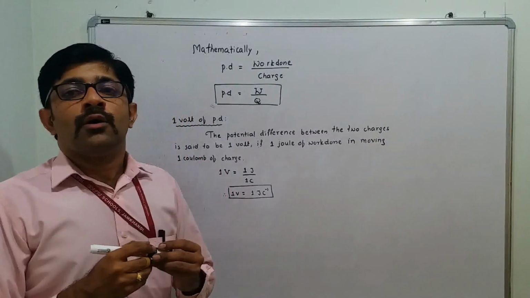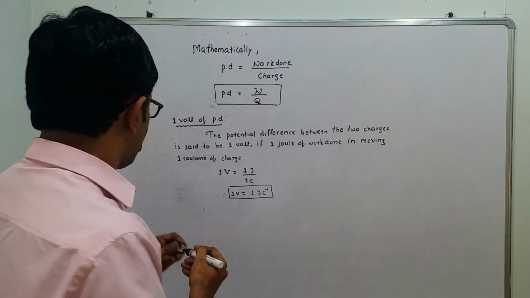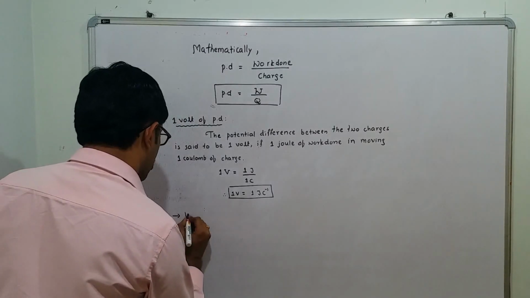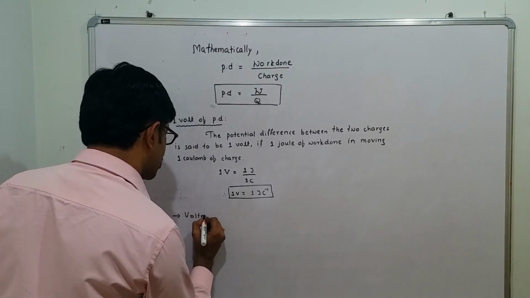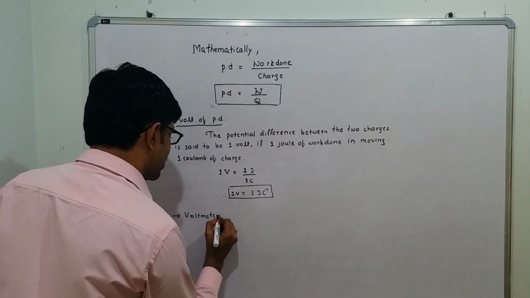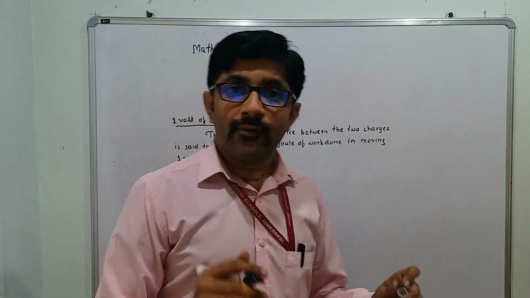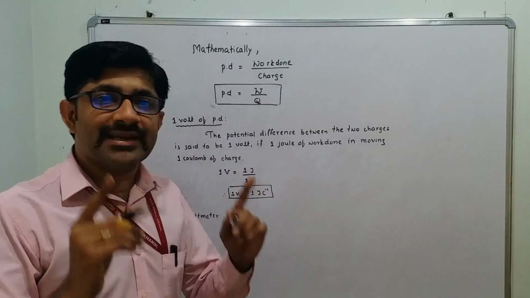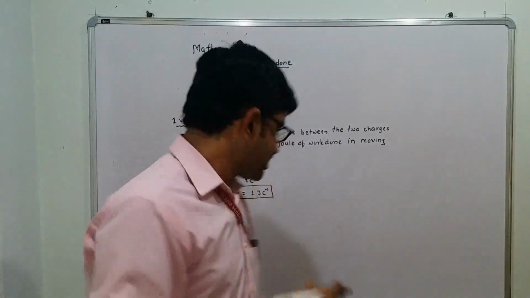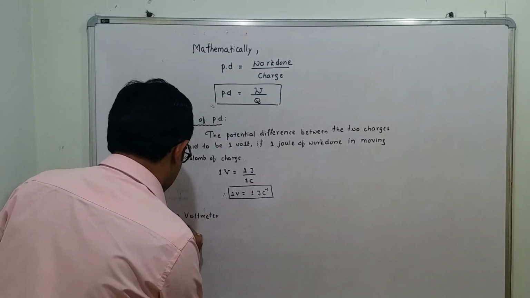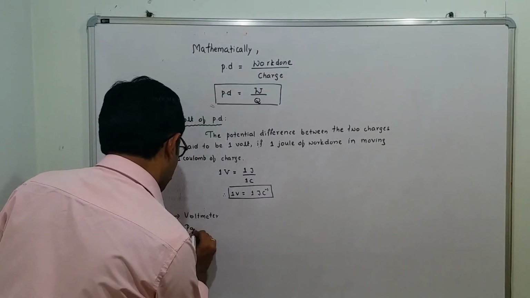Now, voltmeter is the device we use to measure the potential difference between the 2 points in the wire. Remember, voltmeter is always connected in parallel to the 2 points. How?